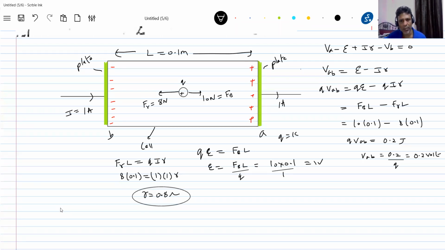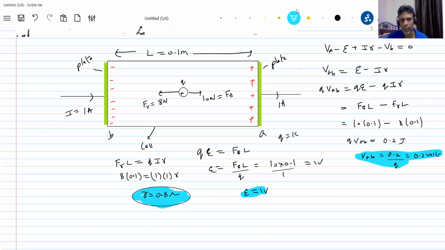Do remember that the information on a cell also can be asked like this. You have to be alert. This is the terminal voltage. This is the applied EMF. This is the internal resistance.